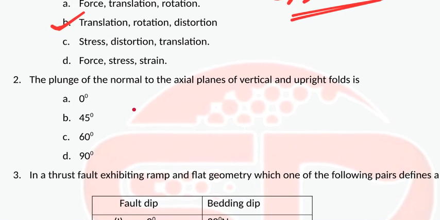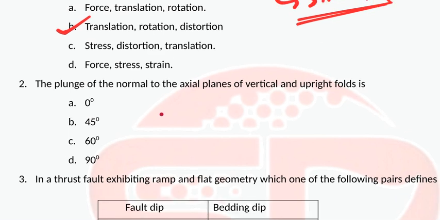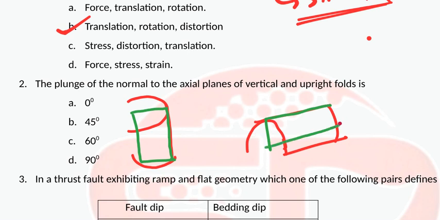Then, the plunge of the normal to the axial planes of a vertical and upright fold is. Suppose this is a vertical fold and this is an upright fold. So this will be the axial plane of the vertical fold, and this will be the axial plane of the upright fold. It is asking the plunge of the normal to the axial plane.